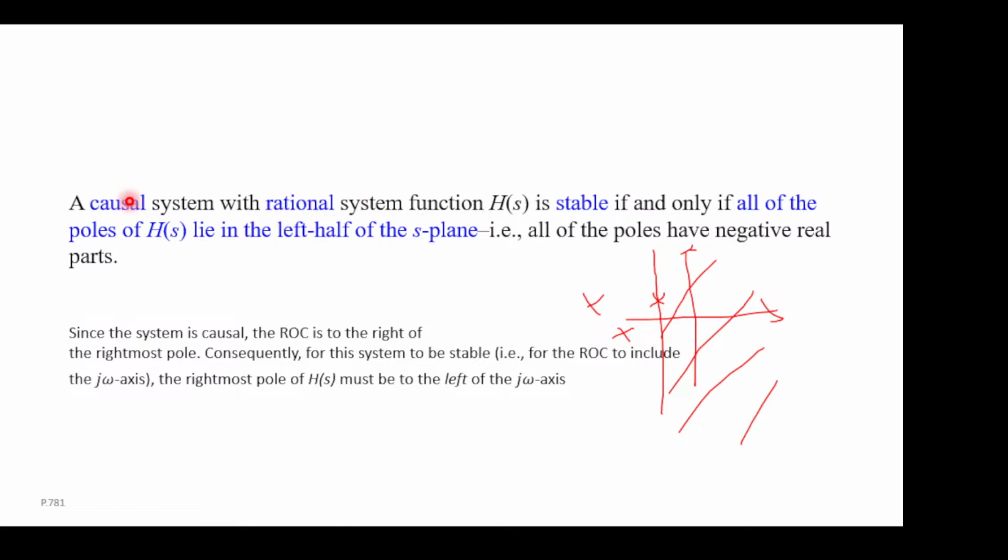Your rational system, if you want it to be causal and stable, then all the poles must be to the left of your j omega axis. You must have a negative real part because you want to pick the rightmost RC, and the rightmost RC also needs to include your j omega axis. Any question? So this is also a nice property to know.